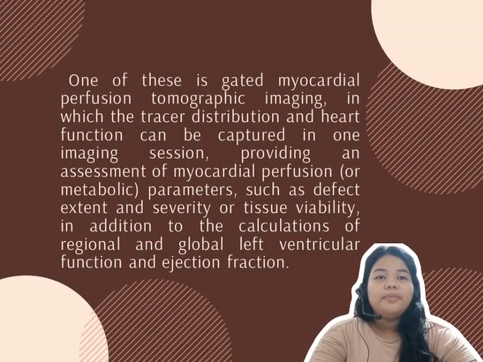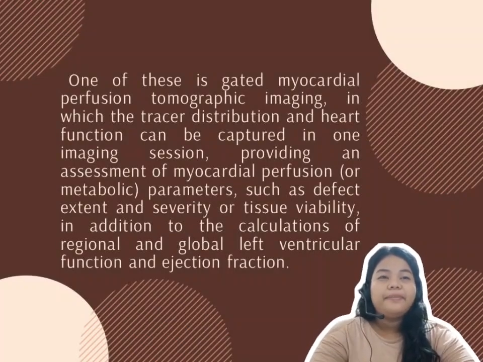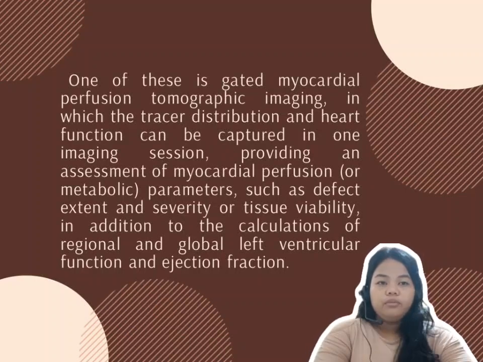One of these is gated myocardial perfusion tomographic imaging, in which the tracer distribution and heart function can be captured in one imaging session, providing an assessment of myocardial perfusion parameters such as defect extent and severity or tissue viability, in addition to the calculation of regional and global ventricular function and ejection fraction.